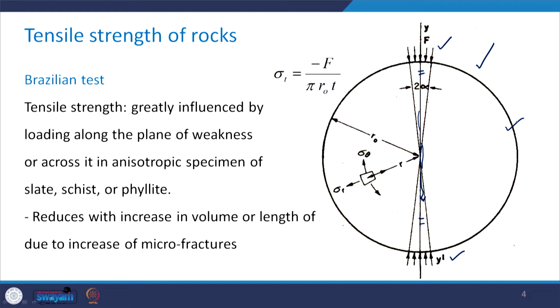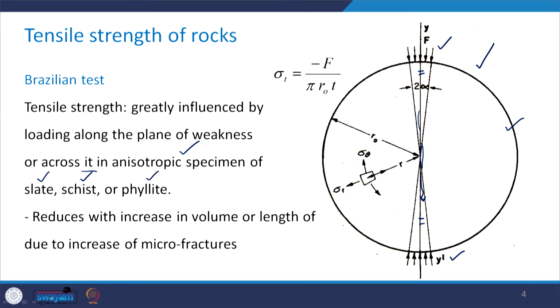So, the tensile strength is found to be greatly influenced by the loading along the plane of weakness or across it, in case you have anisotropic specimens of rocks such as slate, schist or phyllites.